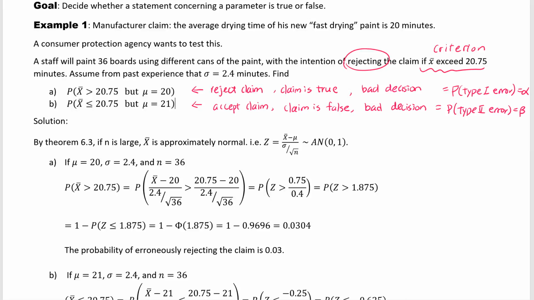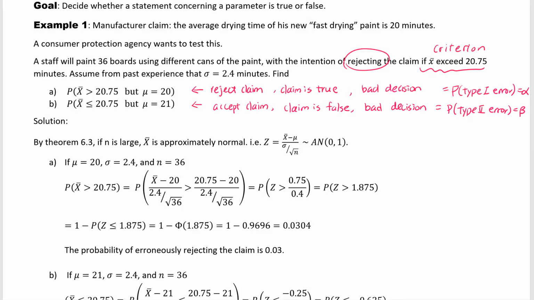That's why we use the standard normal distribution z to calculate it. If we have a small sample, then we use t to calculate. Here we assume the population mean is 20, the population standard deviation is 2.4, and n is 36. And then the probability of our sample mean greater than 20.75.